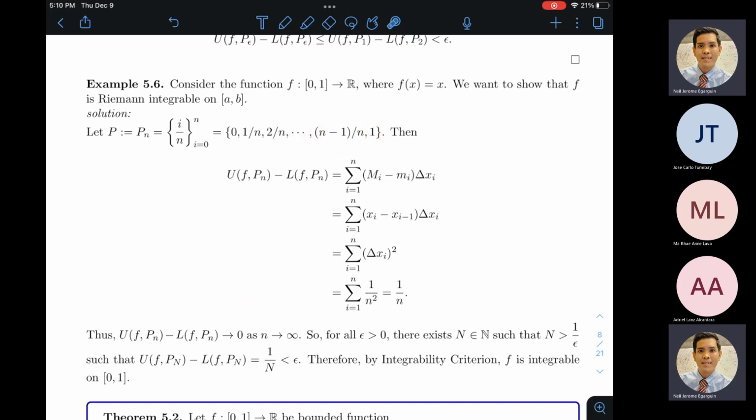So isa siyang partition inducer. Alright? Isang specific partition inducer. Tapos mapapakita natin na itong choice of partition inducer na to can give us the desired partition inducer response to the arbitrary challenge epsilon later.